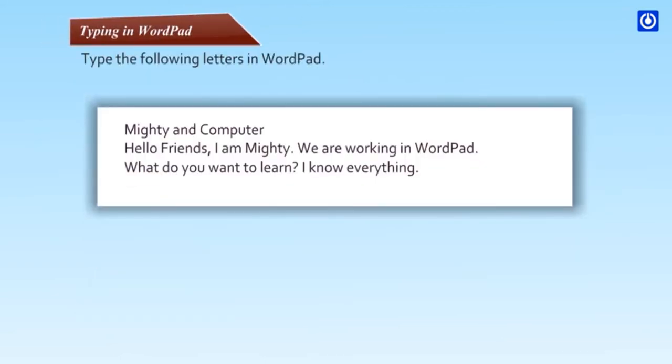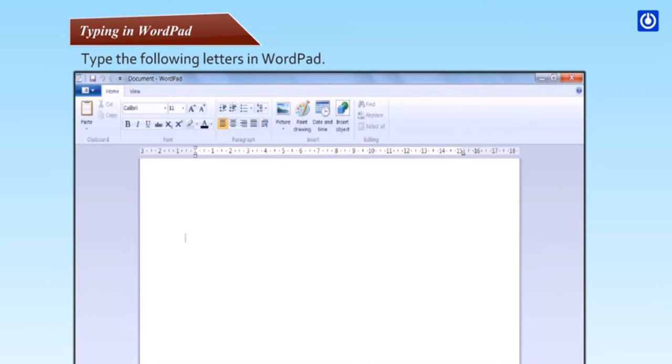Typing in WordPad. Type the following letters in WordPad. Mighty and Computer. Hello friends, I am Mighty. We are working in WordPad. What do you want to learn? I know everything. Step 1. Start typing where the cursor is blinking. Step 2. Give space between two words using the spacebar key.